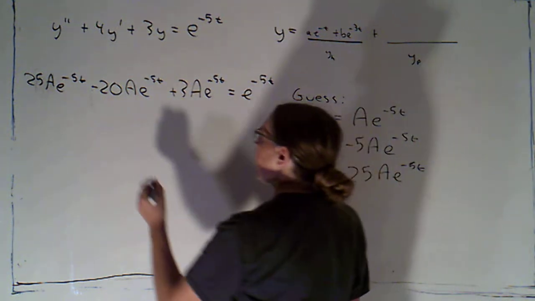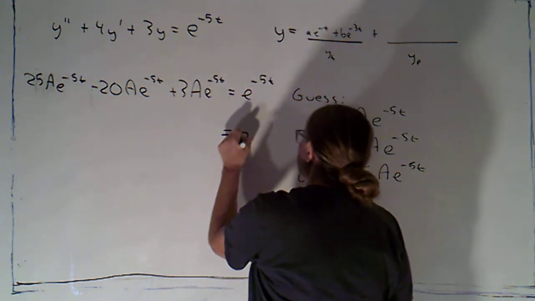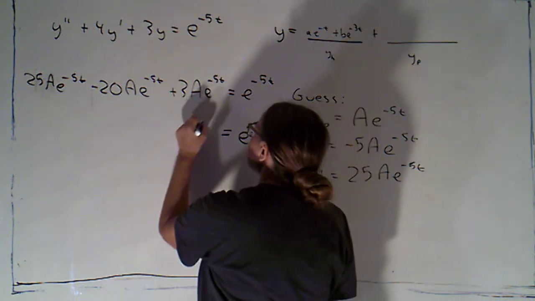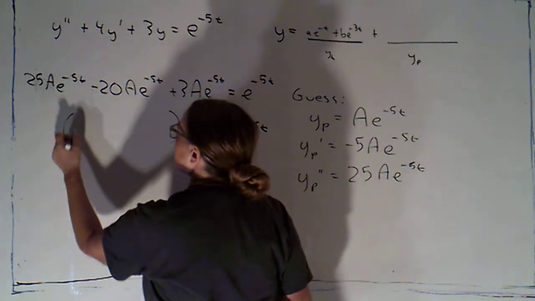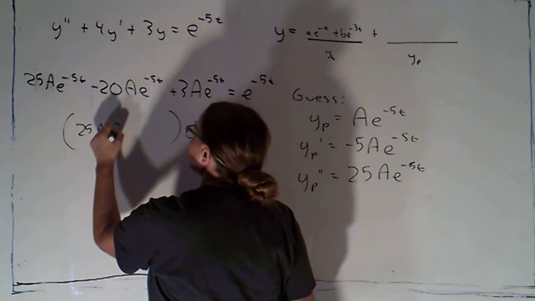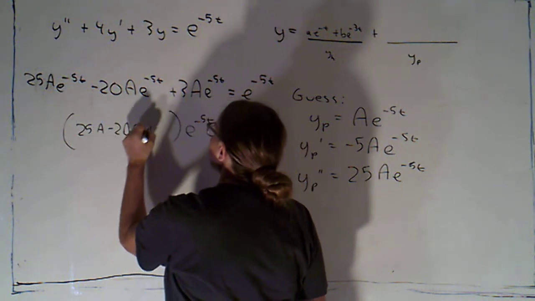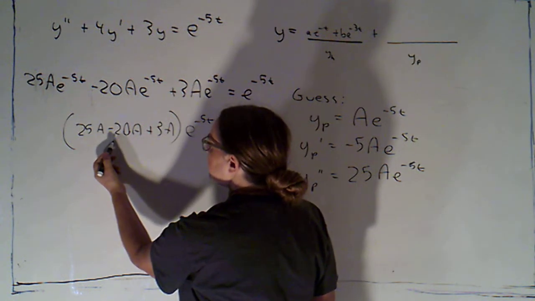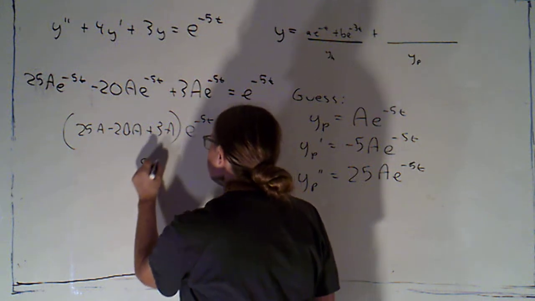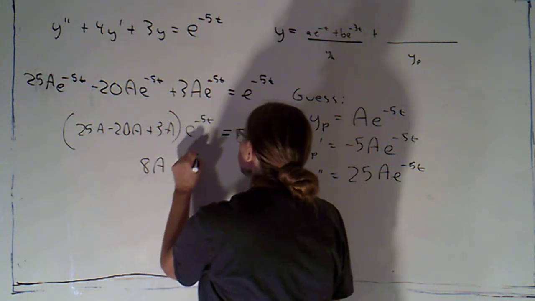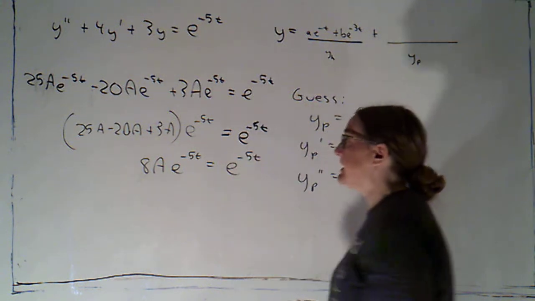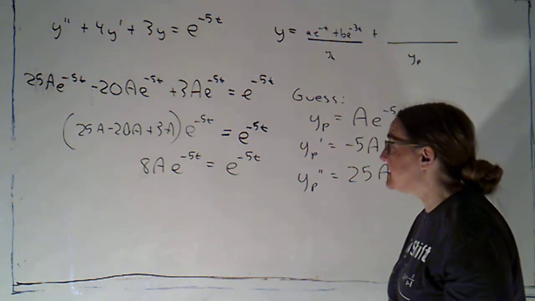Let's see how many we have. Here, obviously, I have just one copy on the right-hand side, e to the negative 5t. How many copies do I have here? 25a minus 20a plus 3a. So let's see, that looks like that's going to be 8a copies of e to the negative 5t has to equal 1 copy of e to the negative 5t.